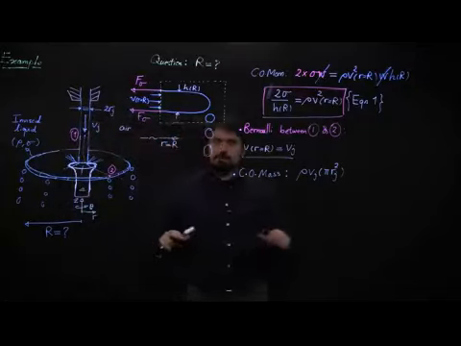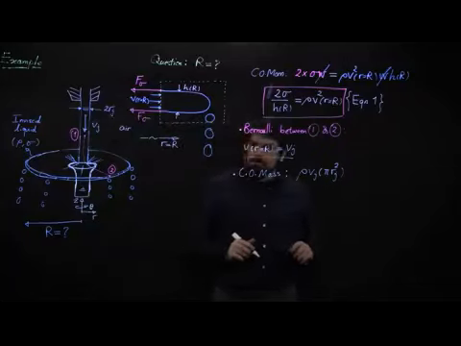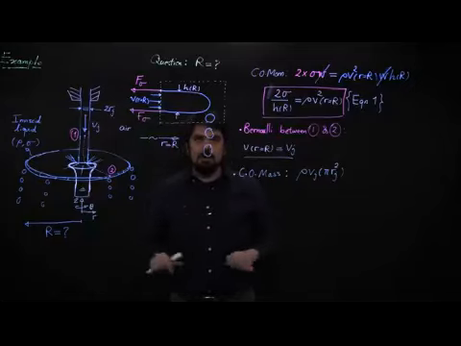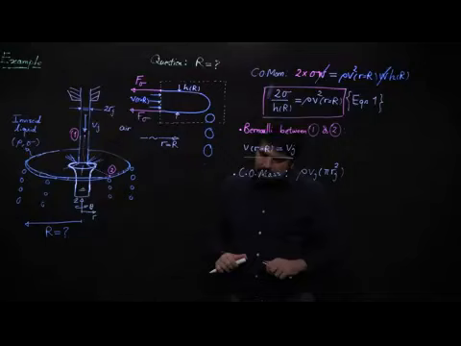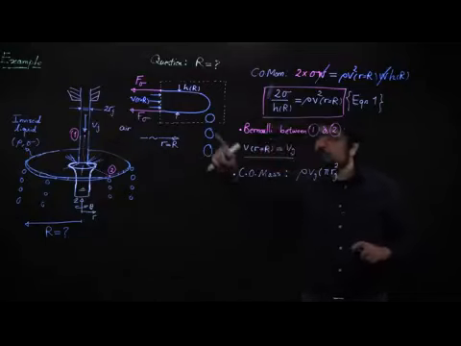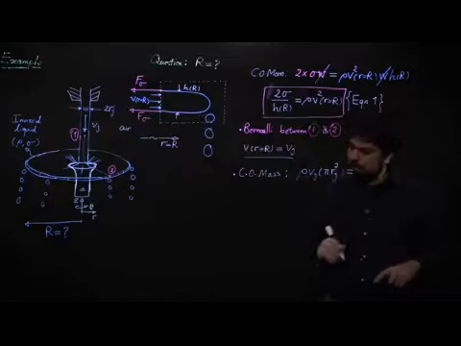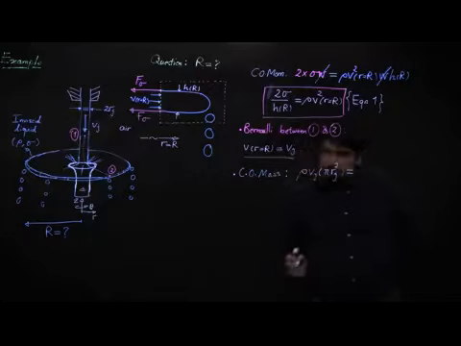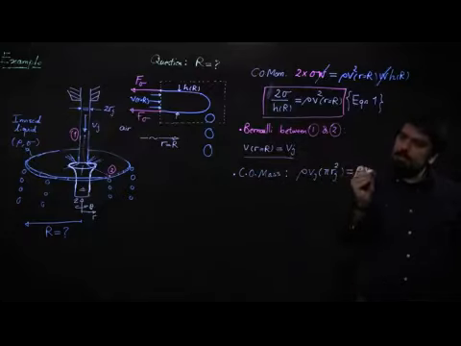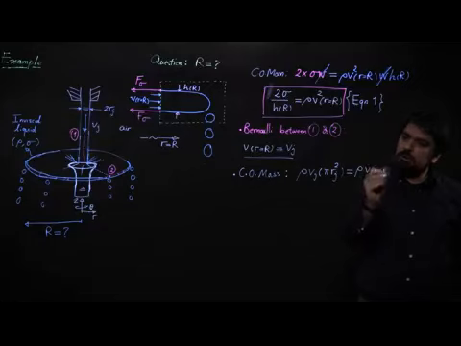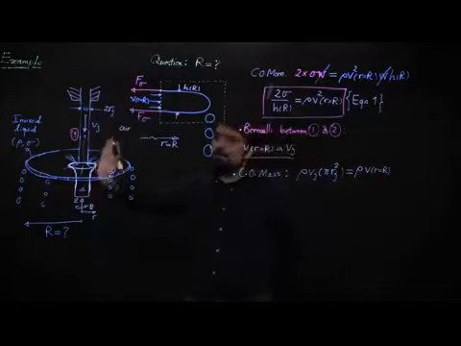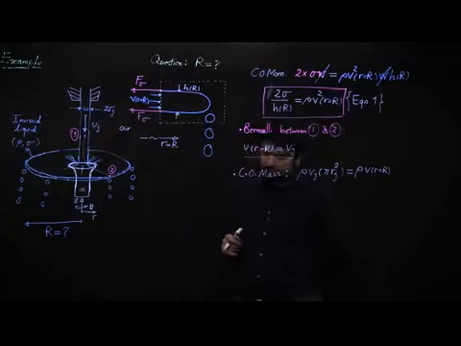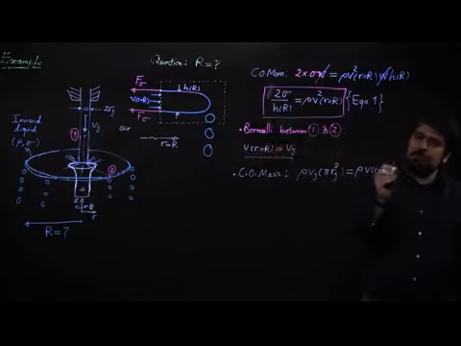Now this mass flow rate should remain constant. So wherever I draw a control volume, the incoming mass flow rate should be equal to the outgoing mass flow rate. And the outgoing mass flow rate, for example, that I have here would be equal to rho times V at position r equal to r multiplied by the entire area of this edge of the sheet, which is the height of that sheet multiplied by the perimeter of the sheet.